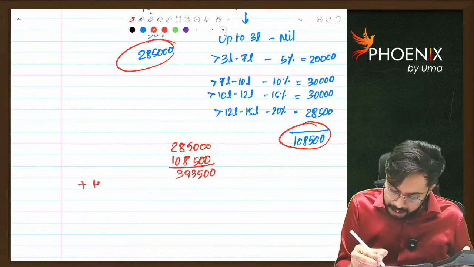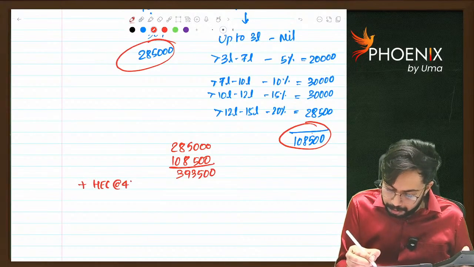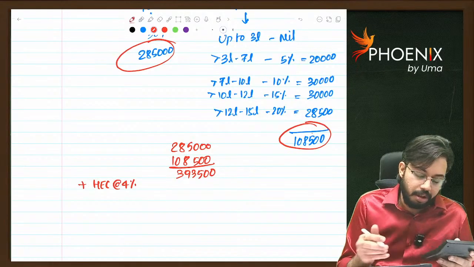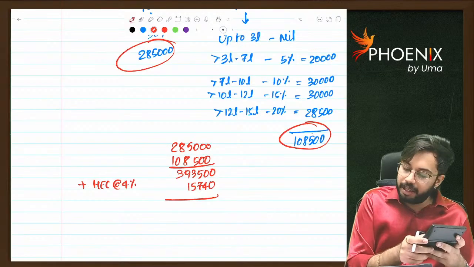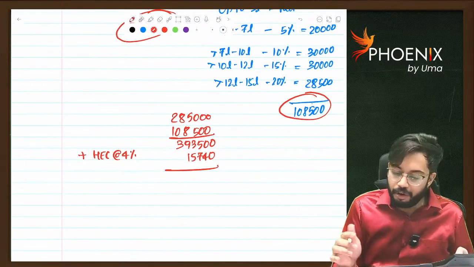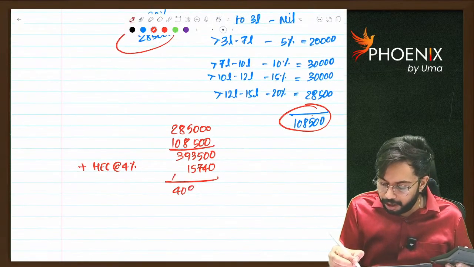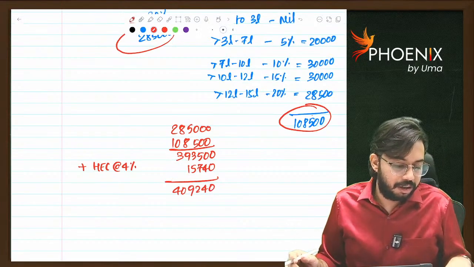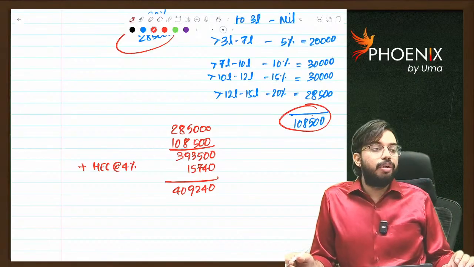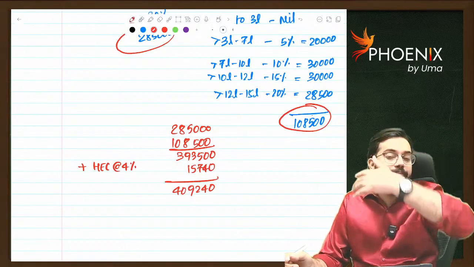To this you will add HEC at the rate of 4%, 15,740. How much is final tax liability? 3,93,500 plus 15,740, 4 lakh 9,240. I hope you understood. Did you also get the same answer?